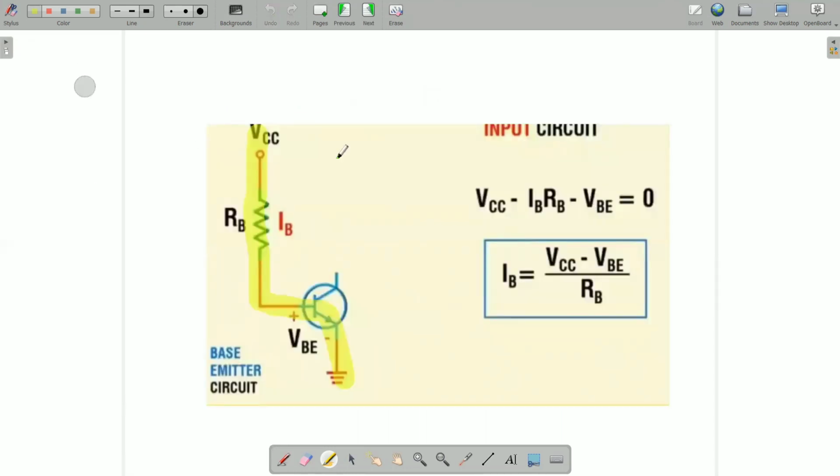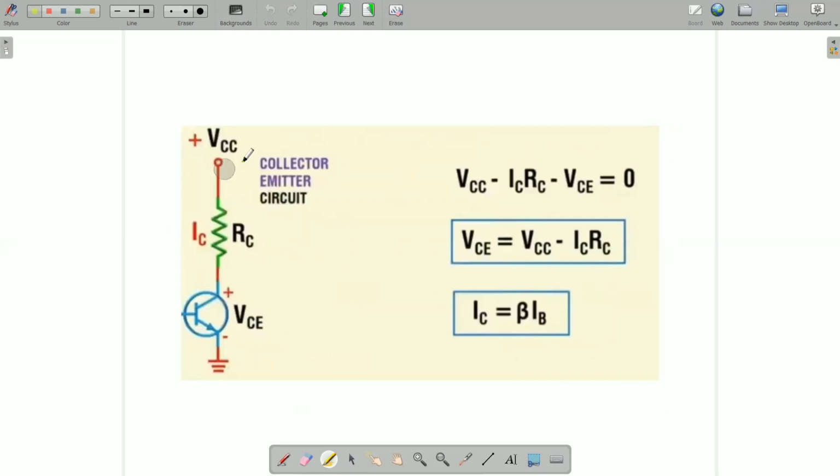Let's see the formulas. Let's take the input circuit, that is the base emitter circuit. When we apply KVL, we get VCC minus IBRB minus VBE equals 0, so IB equals VCC minus VBE by RB.